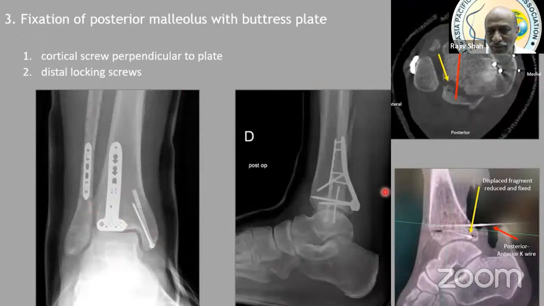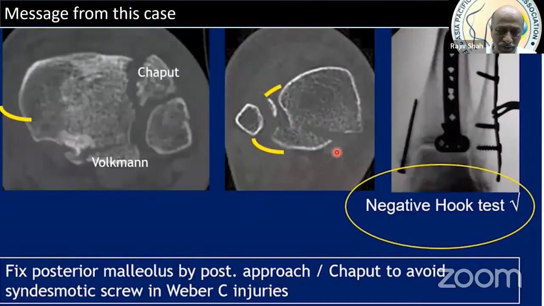So this is how the whole fixation happened, and then it went on to heal. So the message from these two cases is that the Chaput fragment is very important. The posterior malleolus is to be fixed by a posterior approach, and the syndesmotic screw is to be avoided, it will automatically get avoided if you fix the Chaput fragment.